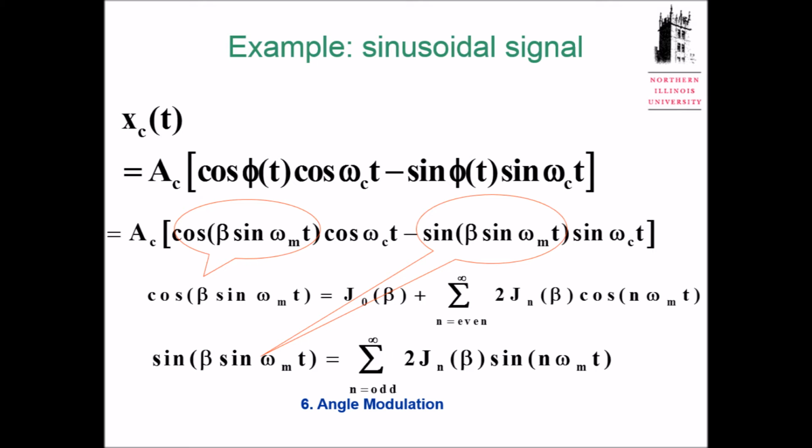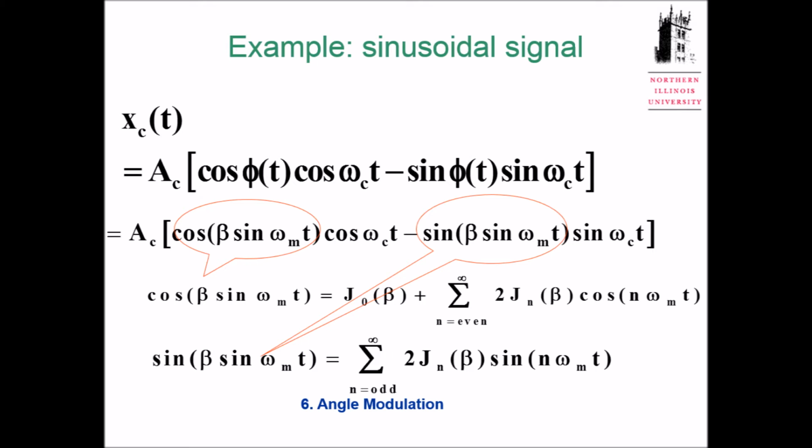It is something like this, very complicated. It can be expressed by an unlimited summation of many harmonics, and for each harmonic's amplitude we use the Bessel function. So my cosine beta sine omega m t is something like this, right?